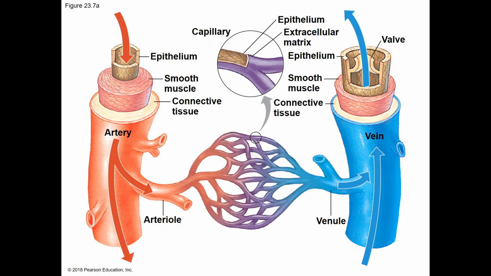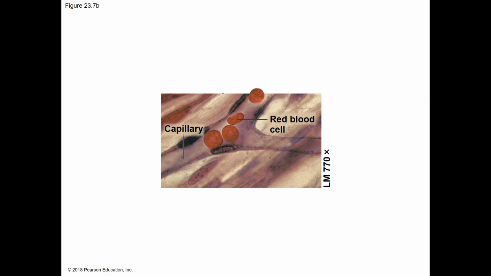They have very thin walls, so the gas exchange can actually happen across their very thin epithelial tissue. And this is just an actual micrograph image of a capillary embedded in smooth muscle tissue. It's kind of an interesting picture.